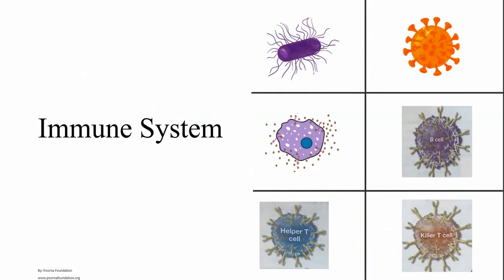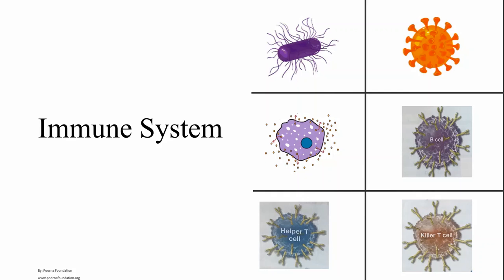So today, we learned about the immune system. We learned about the pathogens all around us and how external and internal defenses help us be protected from those pathogens. Then we learned about the innate immune response and the adaptive immune response, their differences, and how they work based on the pathogen risk.